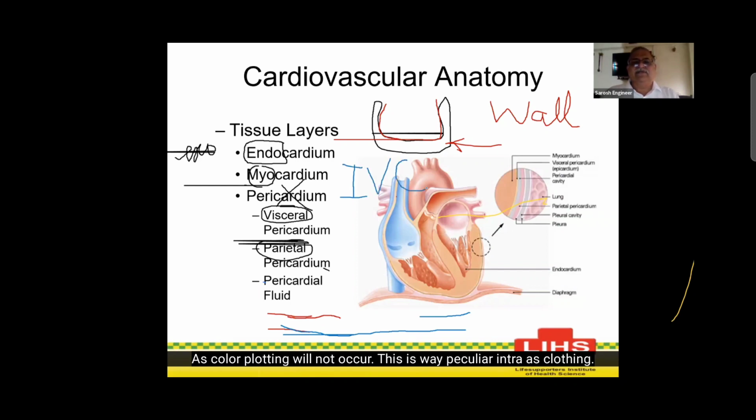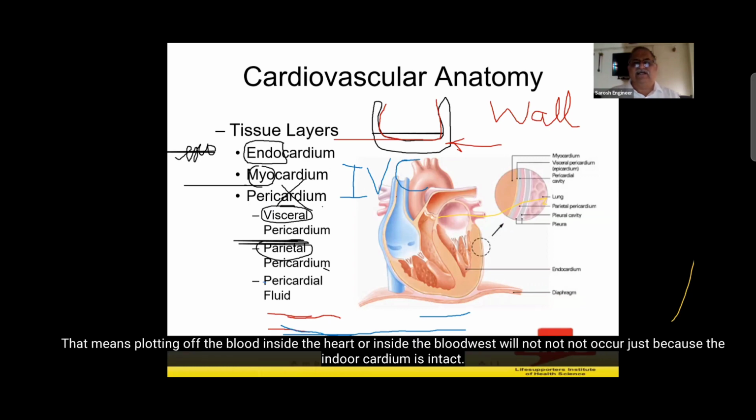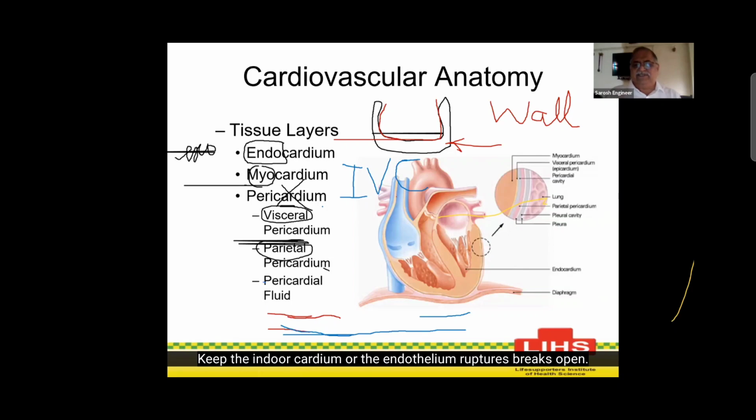Intravascular clotting, that means clotting of the blood inside the heart or inside the blood vessels, will not occur just because the endocardium is intact. If the endocardium or the endothelium ruptures, breaks open, then only the blood clot will occur. Please understand this very carefully, that endothelium is the only one due to which clot is not formed.